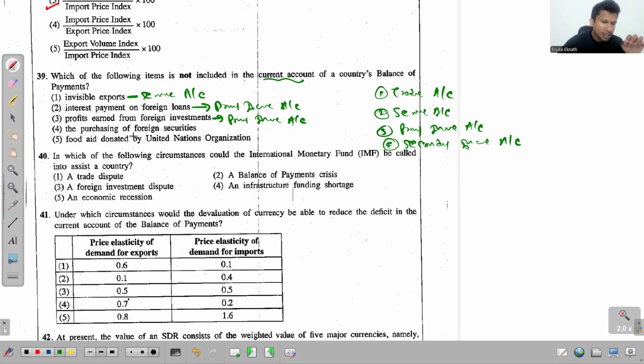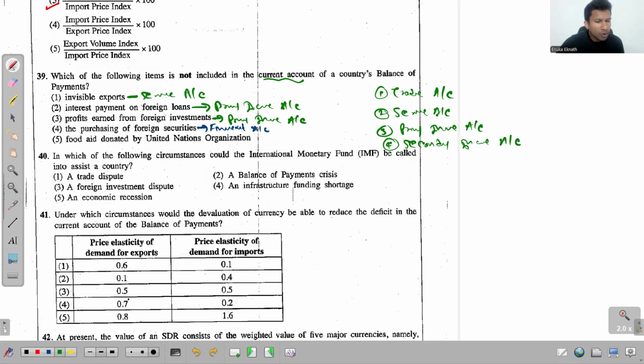Fourth one, purchasing of foreign securities. See that now, purchasing of foreign securities, we do not record in any of these accounts. Instead we record it in the financial account, right? And specifically under the financial account, we record it under the portfolio investment account. So that's a specific account in which we record this fourth one.